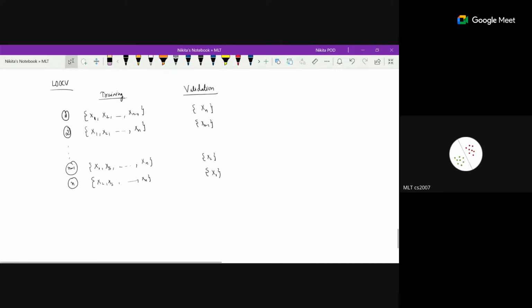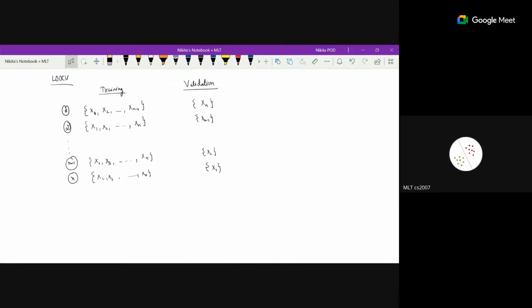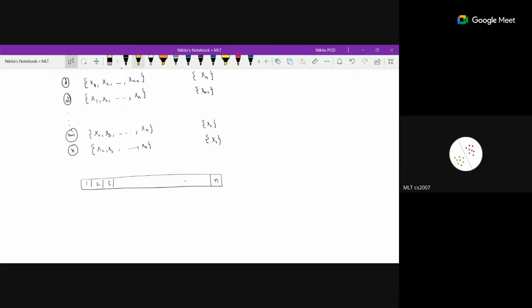So this looks something like this: you have 1, 2, 3, so till n, right? So maybe in the very first case, you are going to just keep this for validation and train on the remaining.